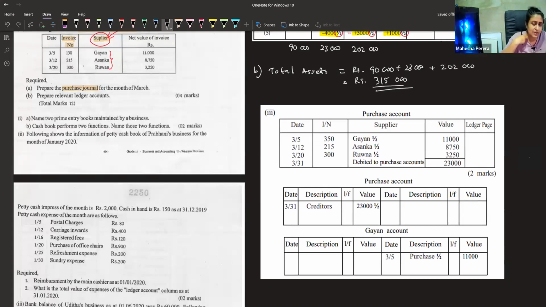Many students forget the title, forget to write the name. The best remedy is to write the name and then draw the table. Normally we say this in plural, but no problem with it. Now write the name purchaser's journal. Then you have to draw the format.